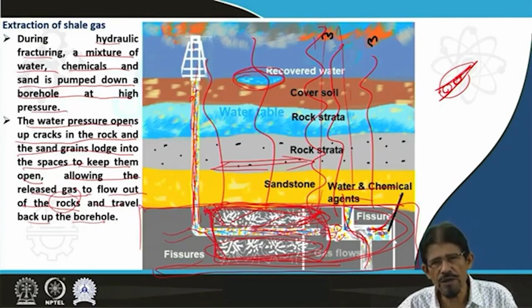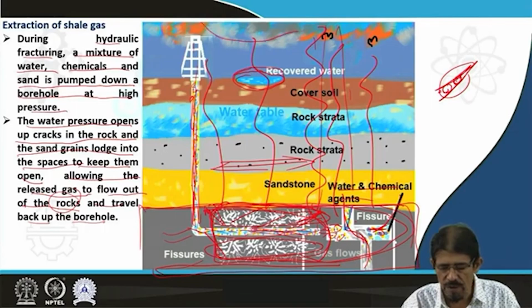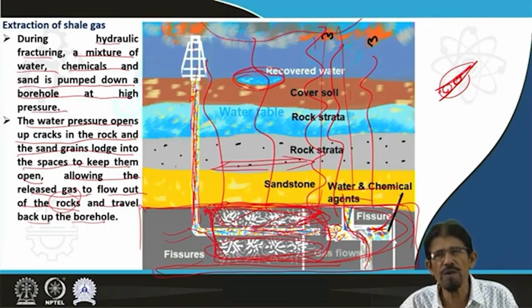Due to loss of strength of the gas-containing shale strata, it sometimes produces subsidence and sometimes instability problems like slides and others in sloping ground.